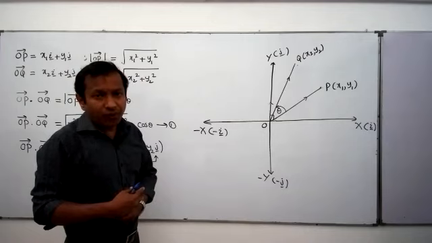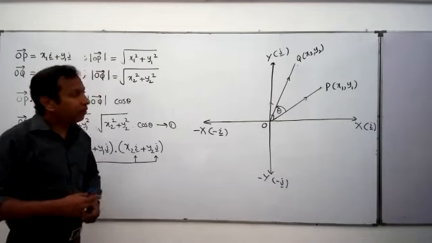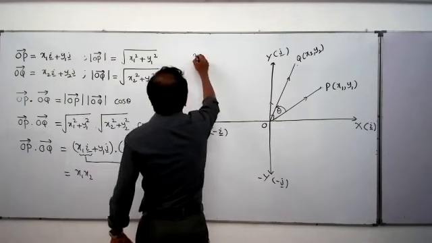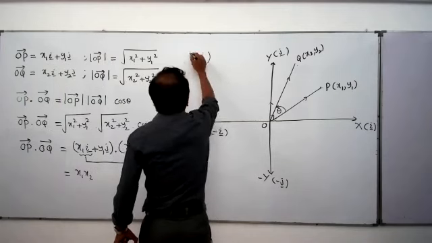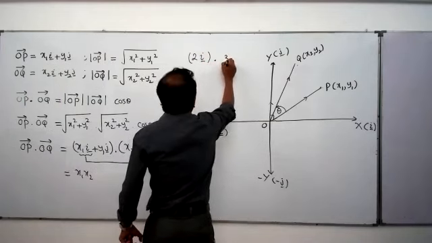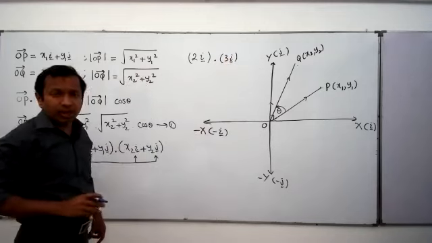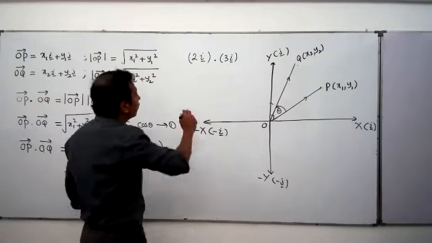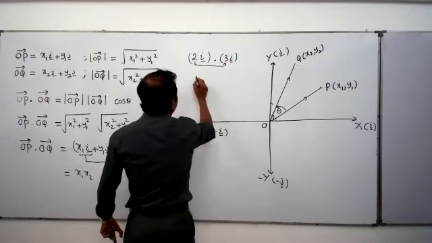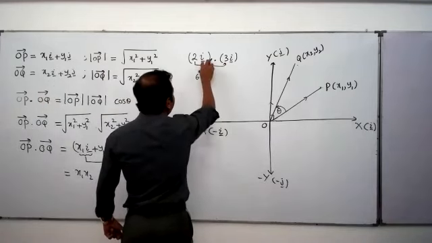So when we have to take the dot product, for example, 2i vector dot 3i vector, first of all this 2 and this 3 we have to multiply as 6. Then we have to take i dot i.